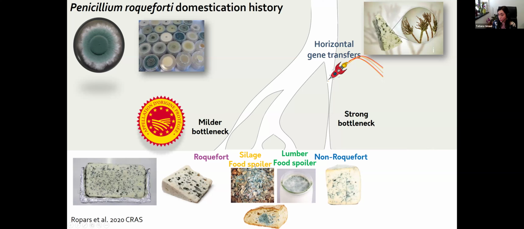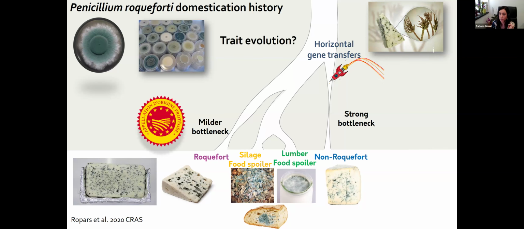And actually the silage and food spoiler population split much more recently, so maybe a recent adaptation to human resources, but an unwanted one. And the horizontal gene transfer only occurred there.